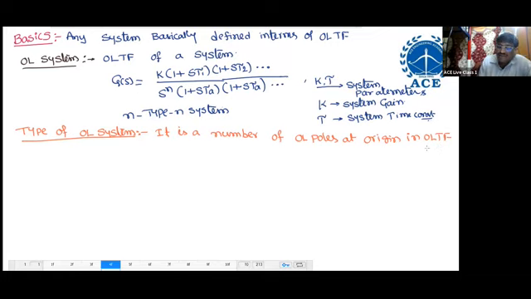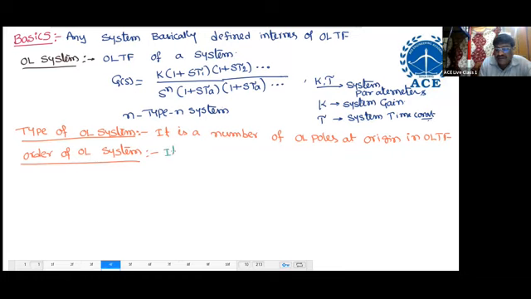Next, the order of a system. What is the order of an open loop system?